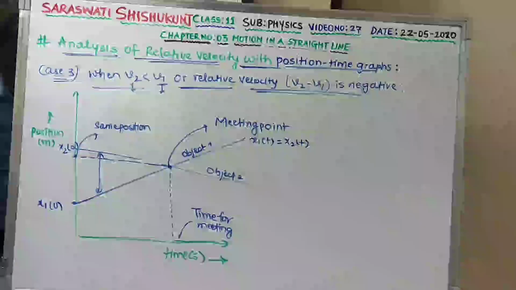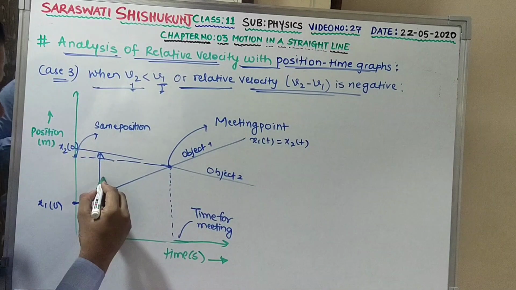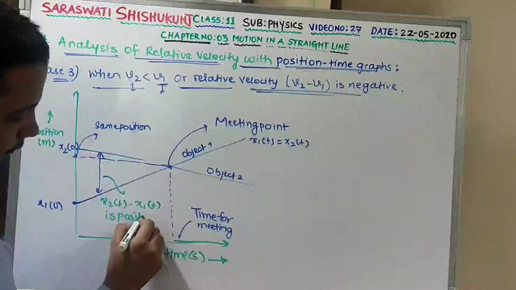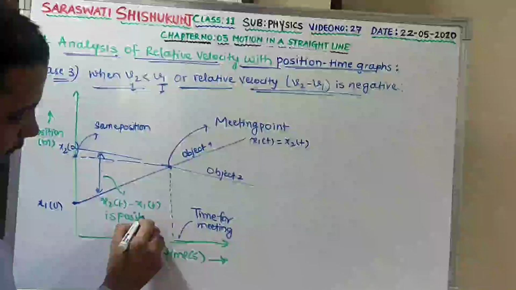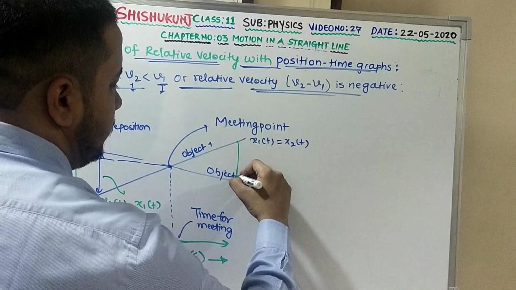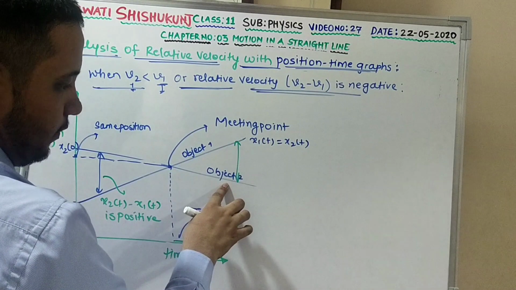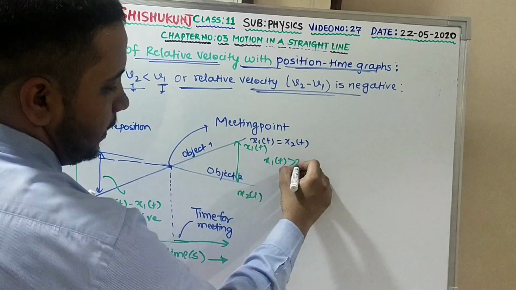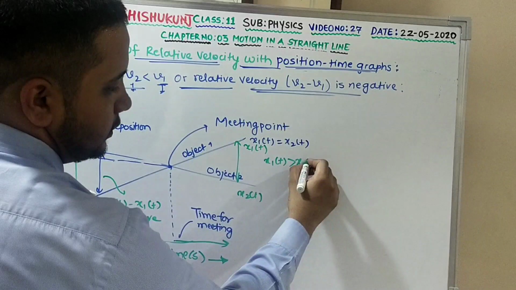x2 is more, x1 is less. So here you can write that x2t minus x1t is positive. Yes or no? Here you can check, this is object 2 and this is your object 1. This is your x1t and this is your x2t. Here you will see that your x1t is more as compared to x2t.